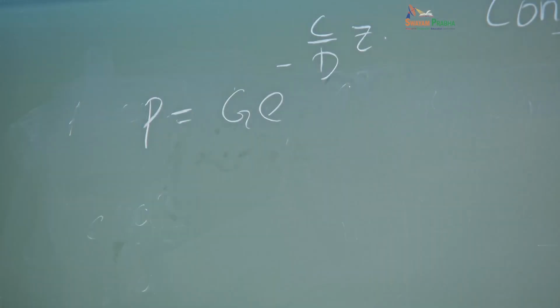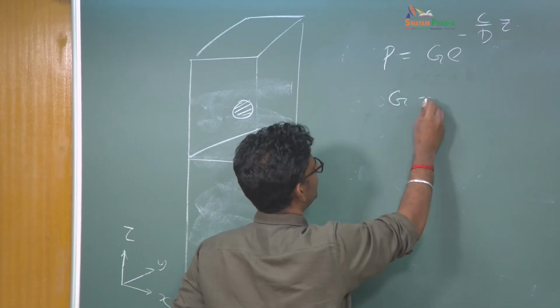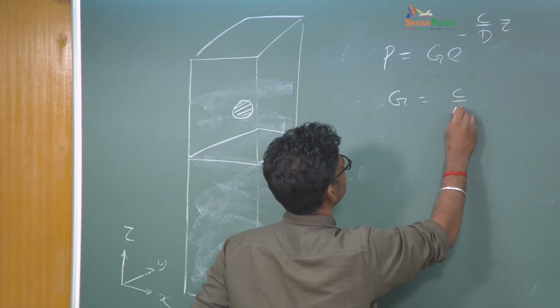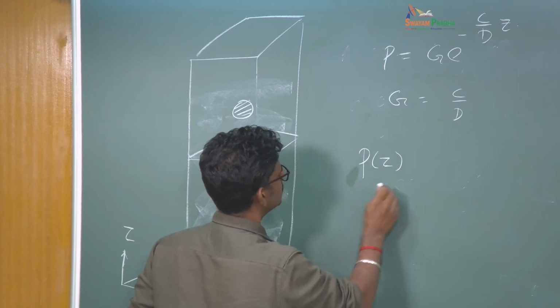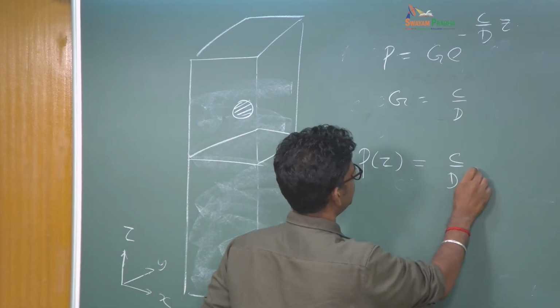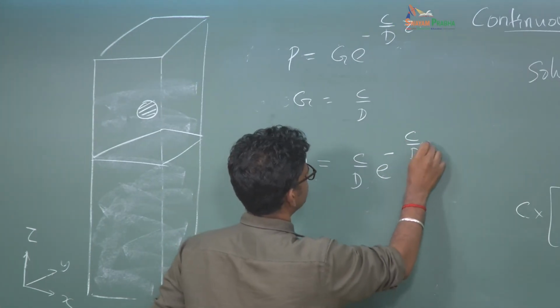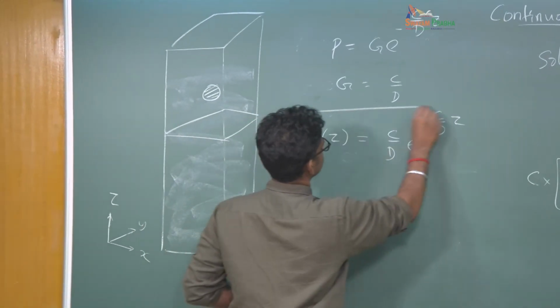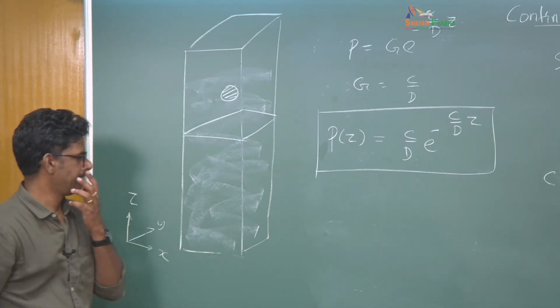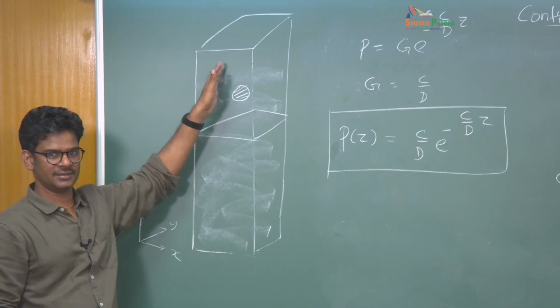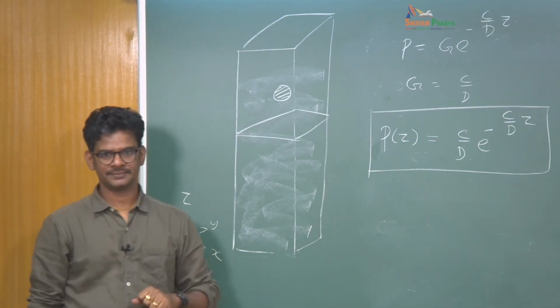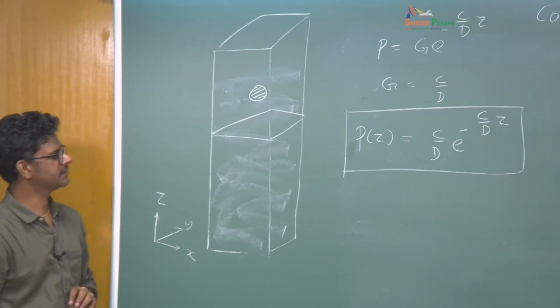So if you apply the normalization condition, G is nothing but C by D. So P of z is given by C/D e to the power minus C/D z. So at equilibrium, the probability distribution of this single particle will follow an exponential distribution. That's what this means.